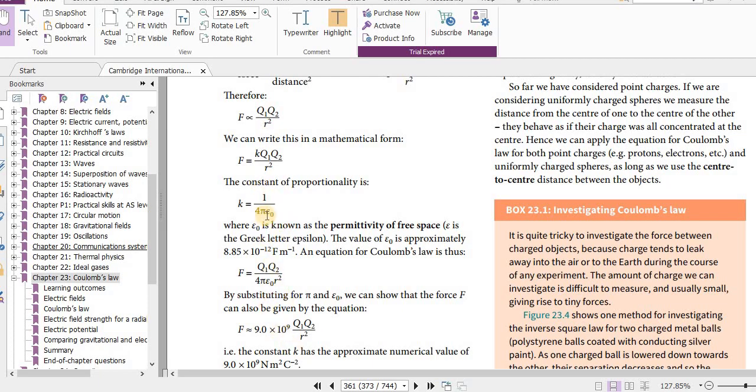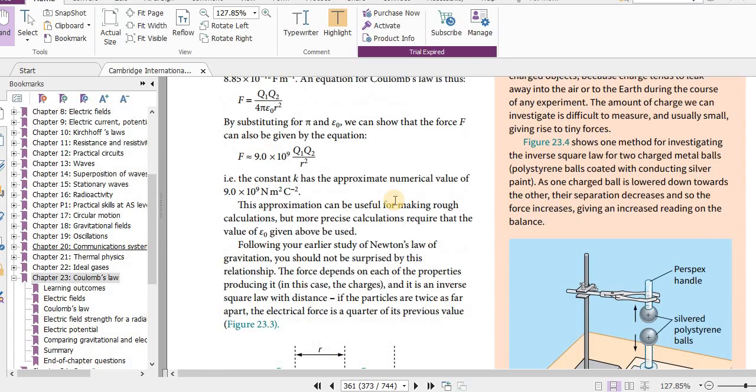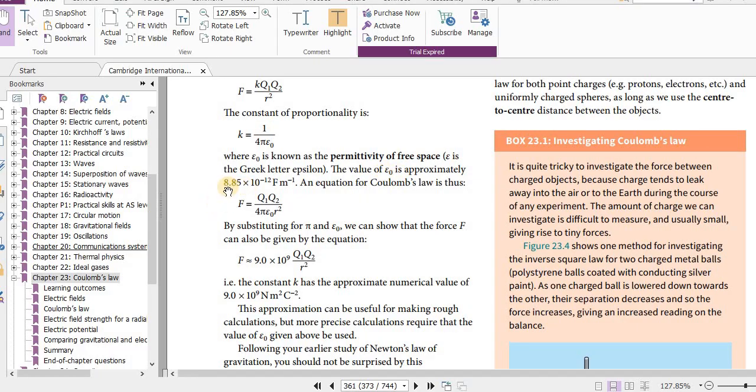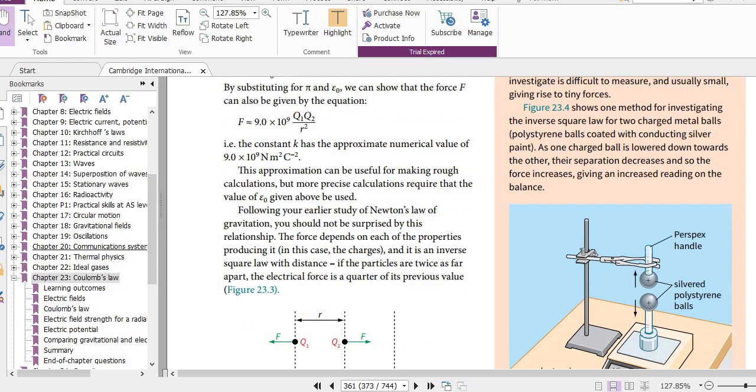Here we have another constant, that is epsilon naught. Now in your data sheet also this is given, so you don't need to memorize these values. But if you want the value of K, then it will be 1 over 4 pi epsilon naught, and you can see here the value of epsilon naught is this much and the value of K is this. So if you substitute the value of epsilon naught here and do this calculation, you can find the value of K.